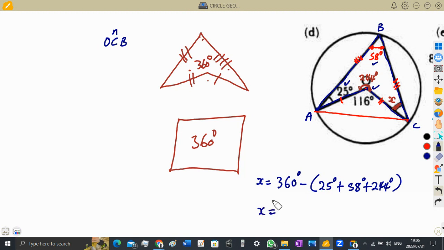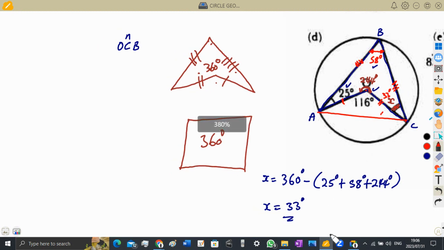So that is going to give us the remaining angle that is inside. So I don't know what we are obtaining there. 25 plus 58 plus 244 from 360, that will be something like 33 degrees. So this is the angle that we are having here, 33 degrees. So are we seeing that these two, this one and this one, they do not have a relationship?